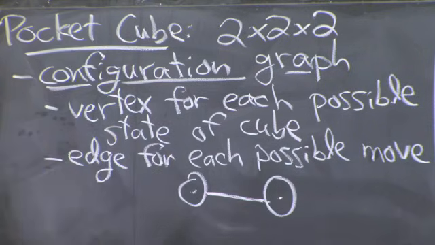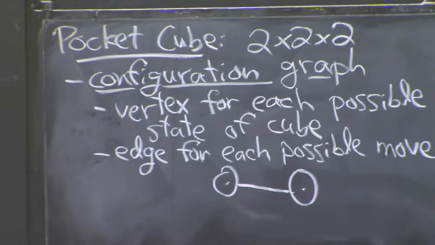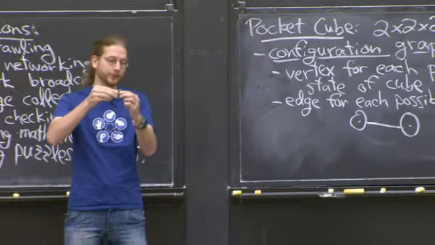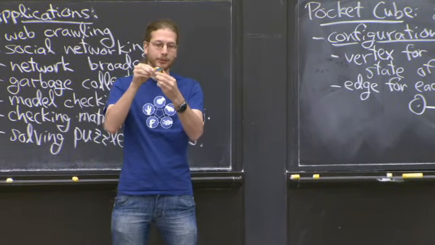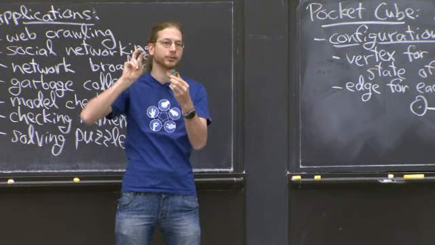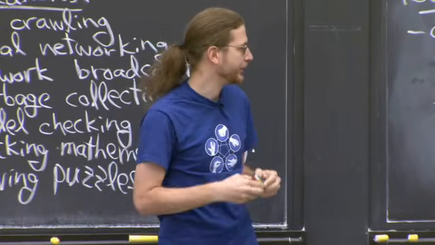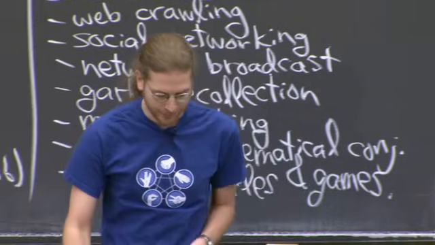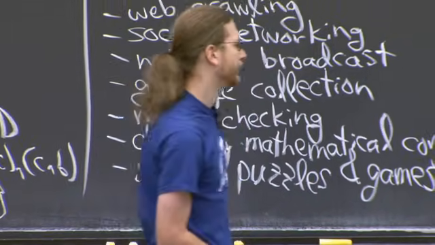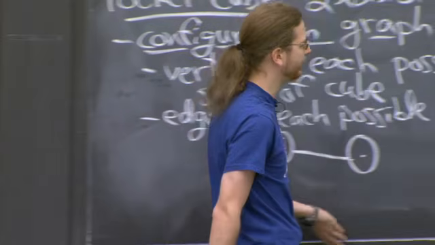Because every move is undoable in a Rubik's Cube, this graph is undirected. Or you can think of it as every edge works in both directions. So this is a move. It's called a quarter twist. This is a controversy, if you will. Some people allow a whole half twist as a single move. Whether you define that as a single move or a double move, not that big a deal. Just changes some of the answers. But you're still exploring essentially the same graph.